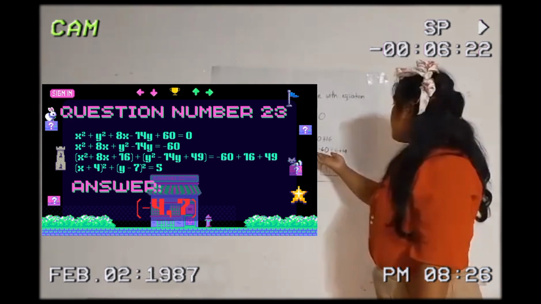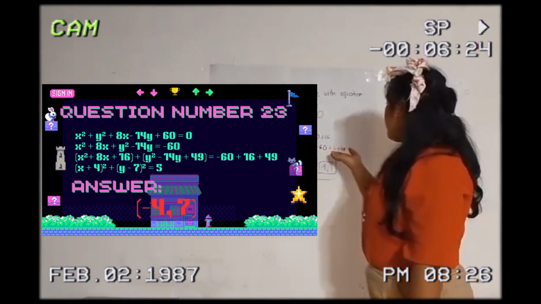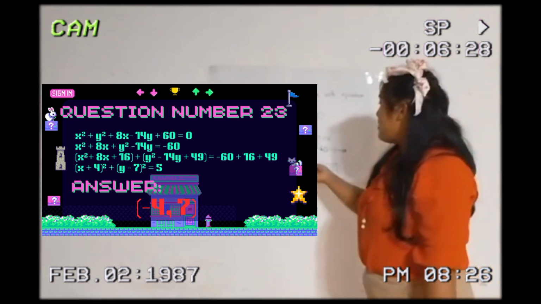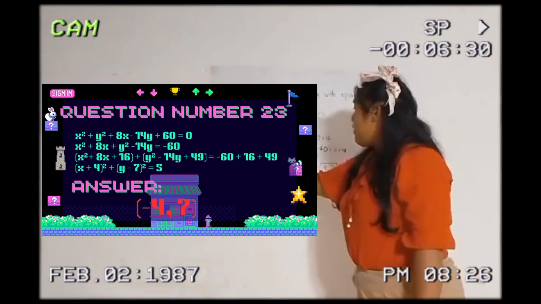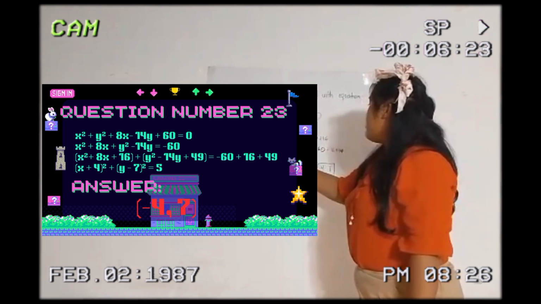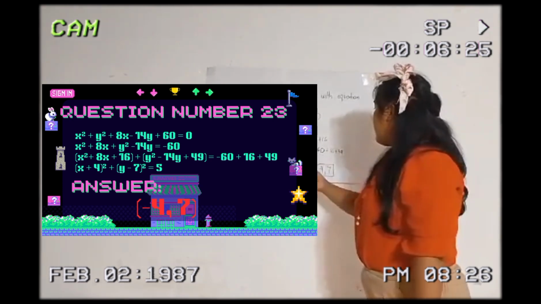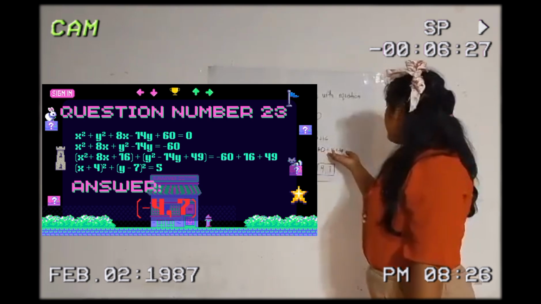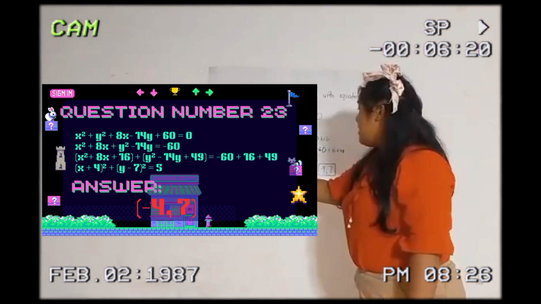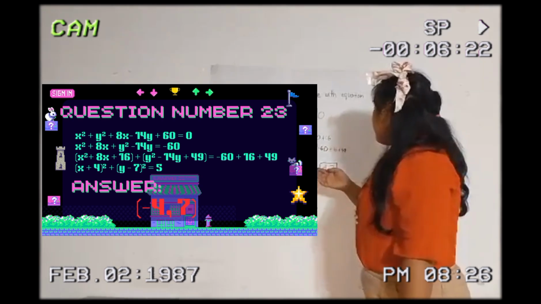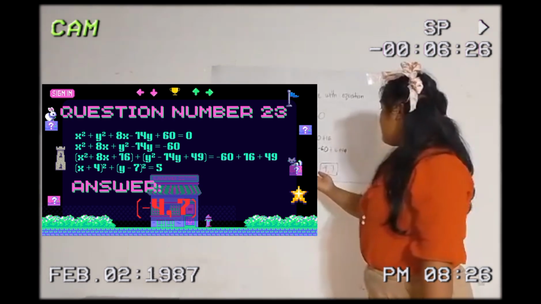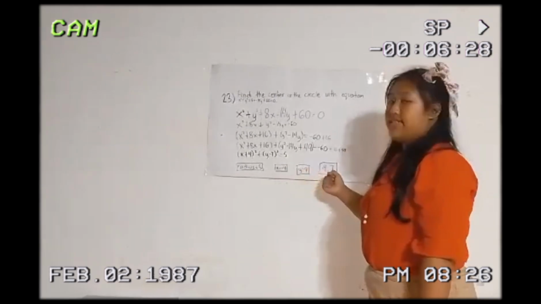So, equals negative 60 plus 16 plus 49. Simplified, it is x plus 4 squared plus y minus 7 squared equals 5. So the radius is 5, the x of the center is negative 4, and the y is 7.